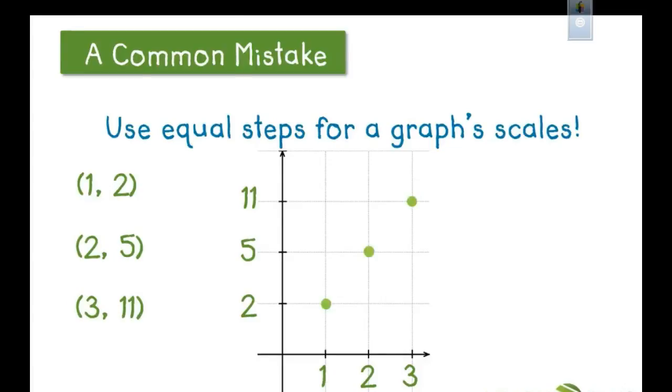So as tempting as it would be to do it that way, that doesn't work. What you need to do is to count by equal steps. For example, count by 4s, 4, 8, 12. Counting by 4s gets us past 11, which is the largest y-coordinate we need to plot.